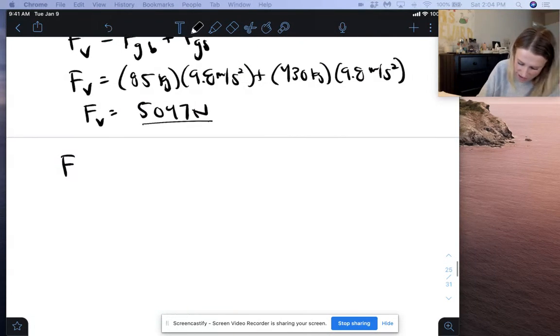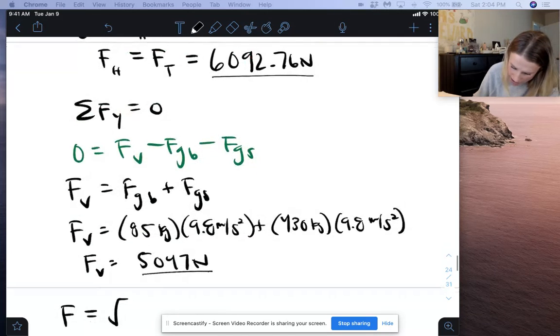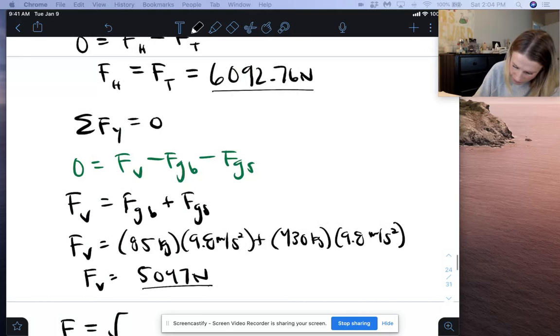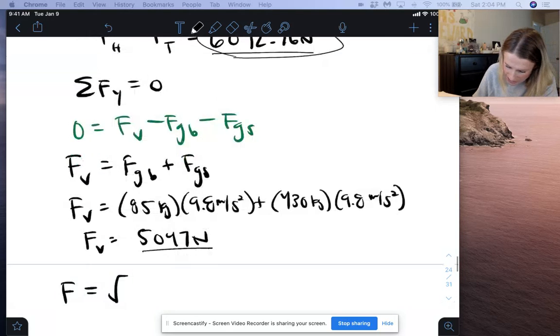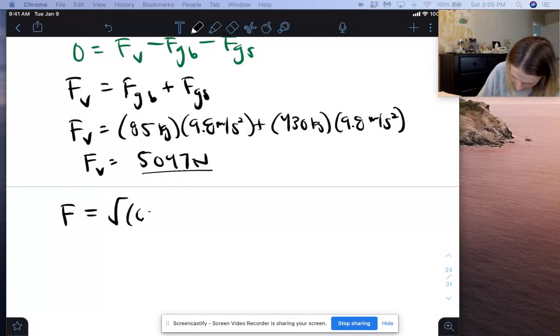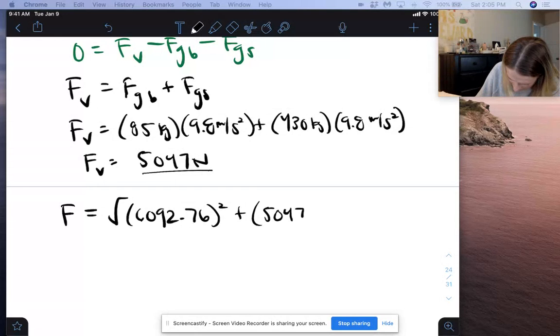So the magnitude of the net force on the beam from the hinge is going to be the square root of the horizontal force, 6,092.76, squared, plus 5,047 squared.